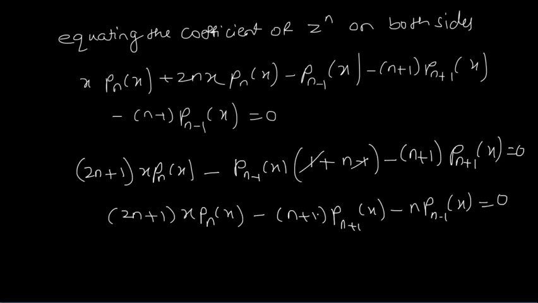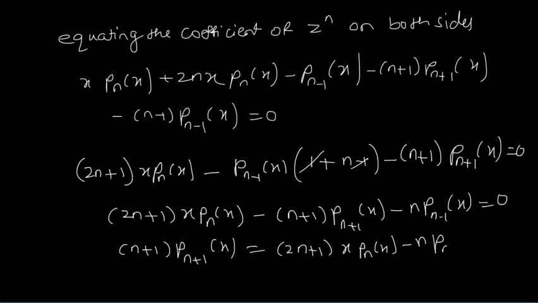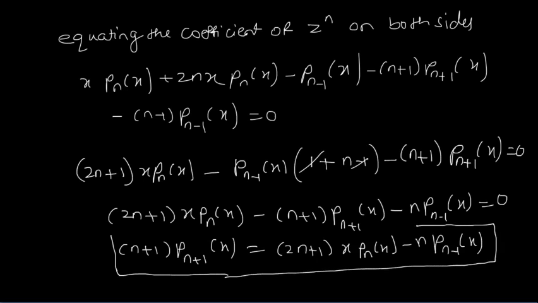Take this one on that side, so this becomes n plus 1 Pn plus 1 of x is equal to 2n plus 1 x into Pn of x minus n into Pn minus 1 of x. So this is the first recurrence relation.